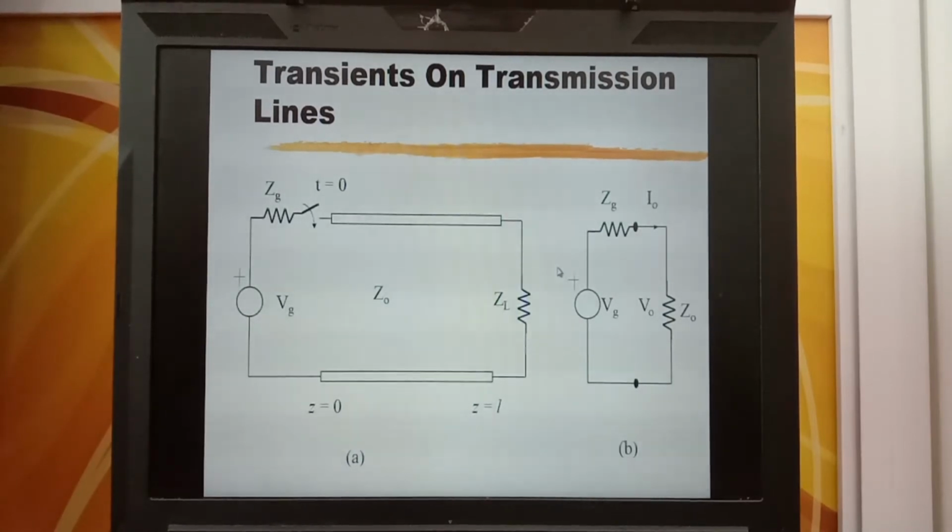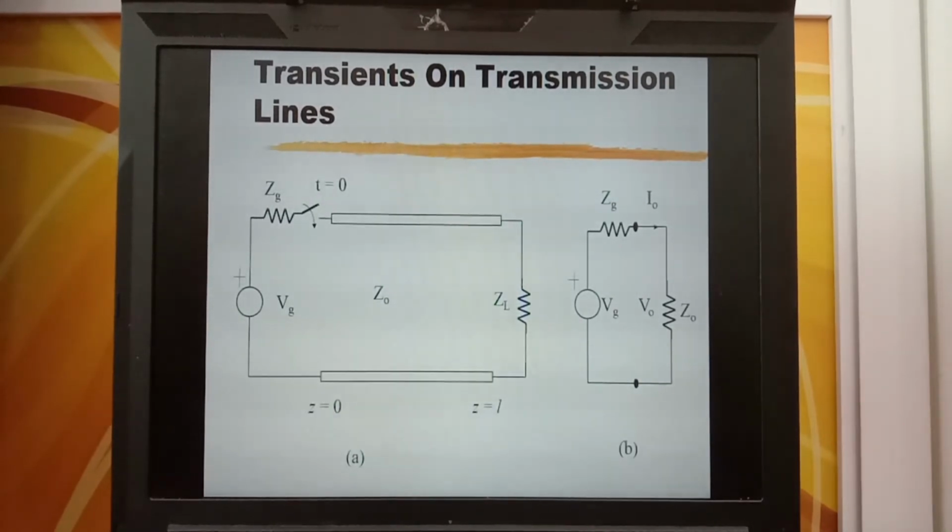At time t equals 0, the impedance at the source end is only the characteristic impedance of the transmission line, or Z0, because at time t equals 0, the effect of the load impedance ZL is not felt yet.